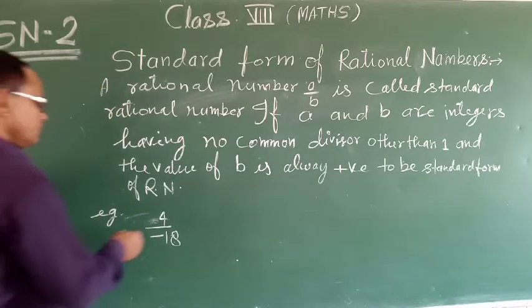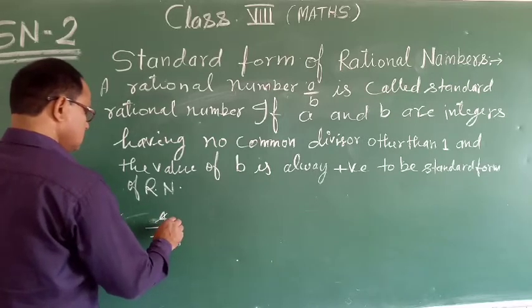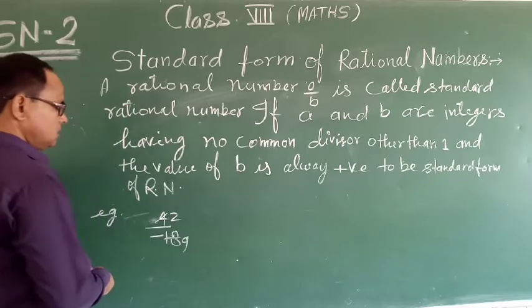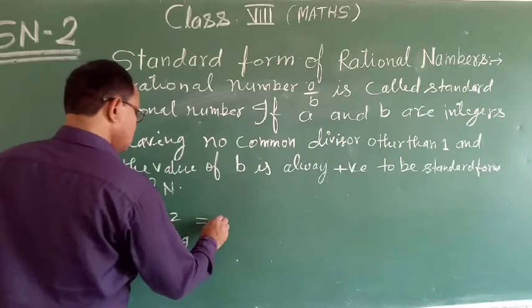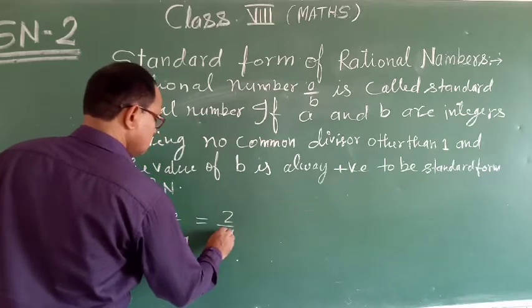Okay, this cancels both by 2, so we get 2 by minus 9.